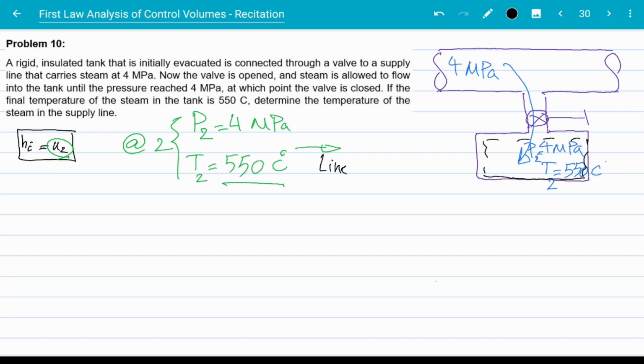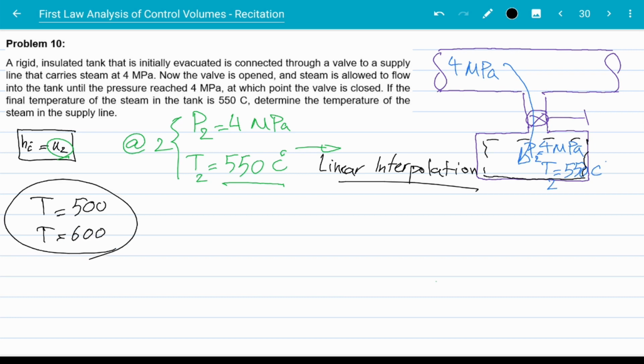You will need to do a linear interpolation. The linear interpolation will be between the temperatures of 500 and 600. These are the temperatures that we have data for in the tables. So if you do the linear interpolation, you will get that the internal energy of the final state is 3189.85 kilojoules per kilogram.